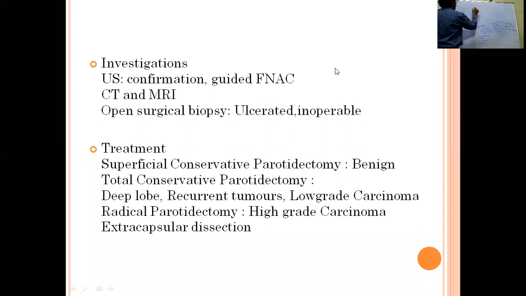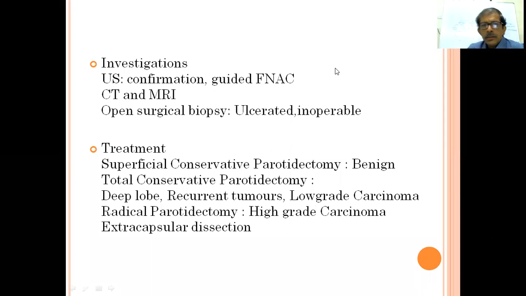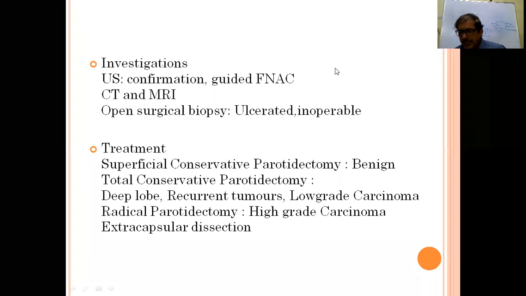This is the superficial lobe, this is the tumor, and you have removed this. That's why, to prevent spillage only, we are doing superficial conservative parotidectomy. So you are partly correct, but the reason you should tell me.